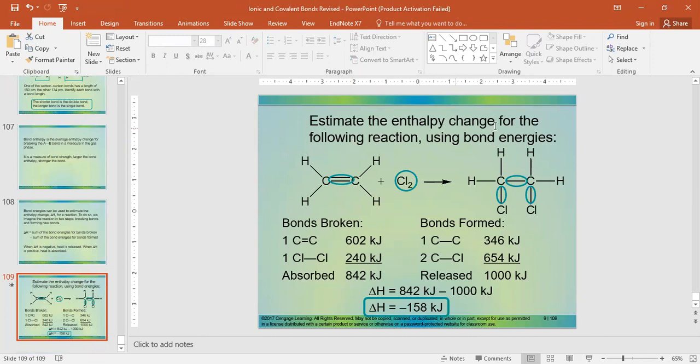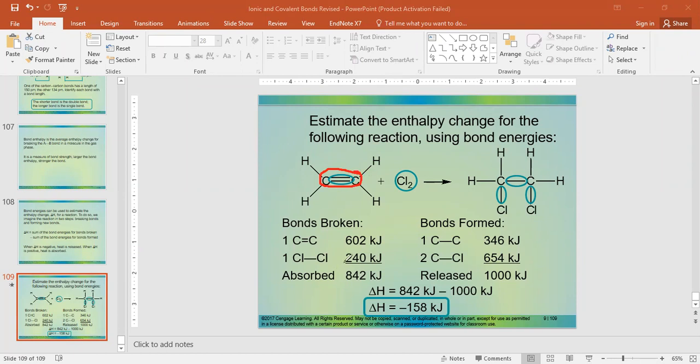So estimate the enthalpy change for this particular reaction, and you are given the bond energies. Now, if you look at what we have here, we have a carbon-carbon double bond. A carbon-carbon double bond has got this amount of energy, because what we can say here is that we will have this bond broken.